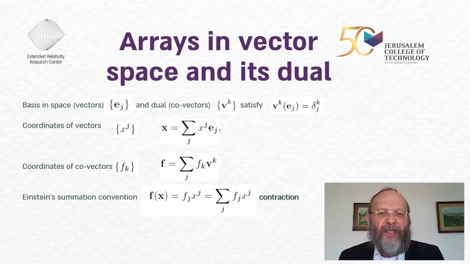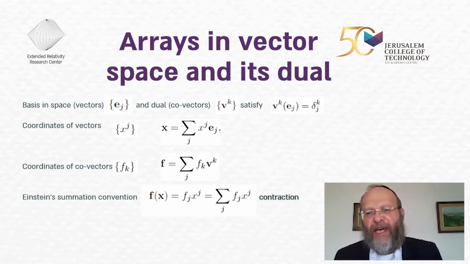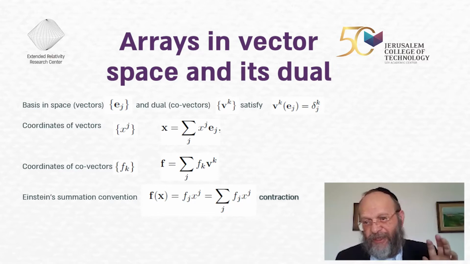So he said, why do you need the sum? We'll make a convention. If you see in an expression the same index on the top and the bottom, that means you sum over this index. Such an operation is called contraction. So you had two arrays, and you generate from them a number. So instead of having arrays, now we have a number.